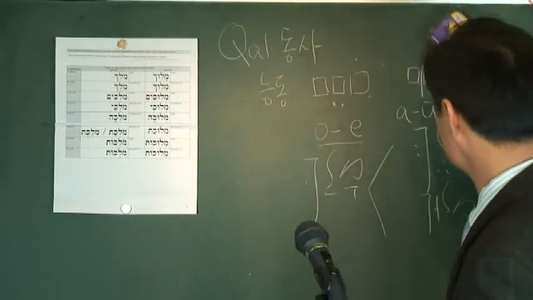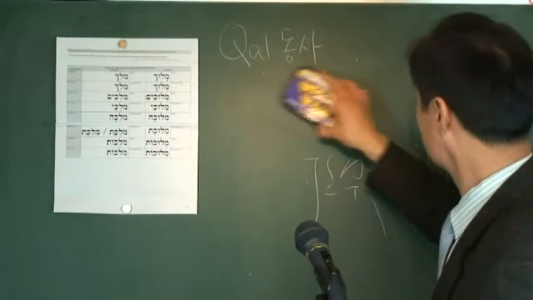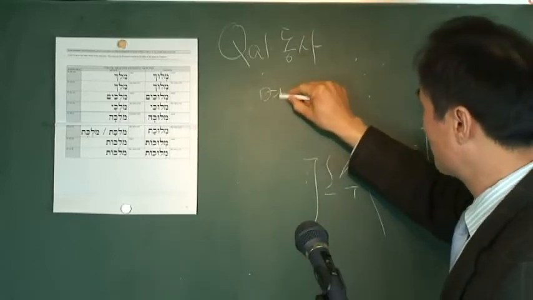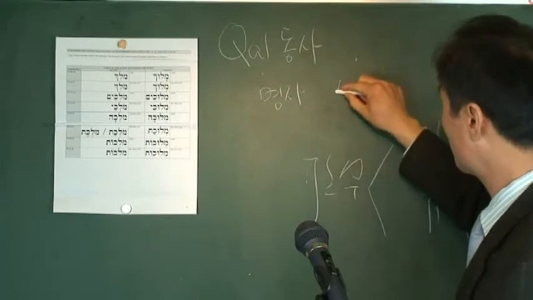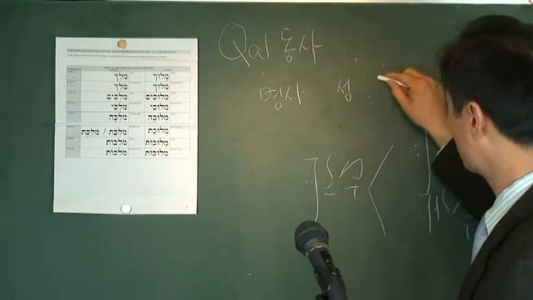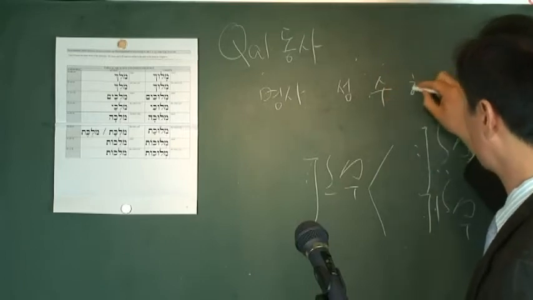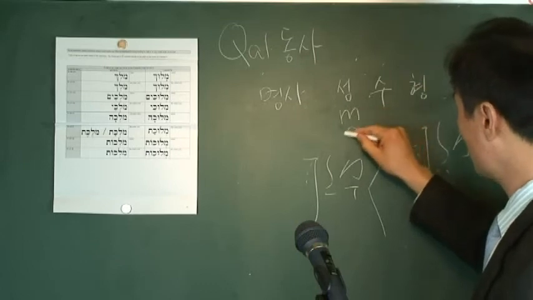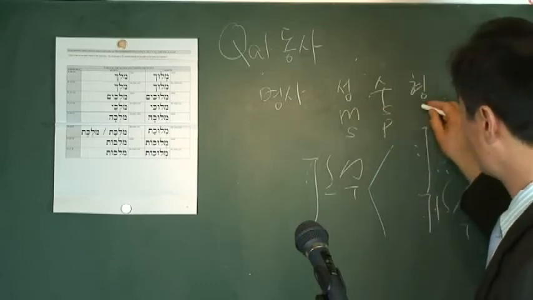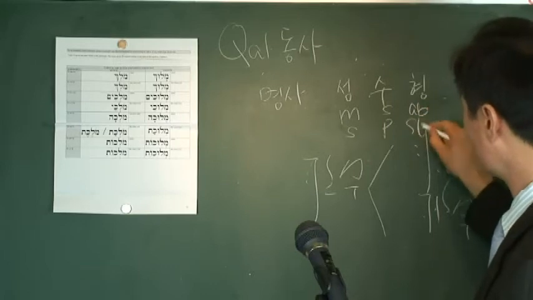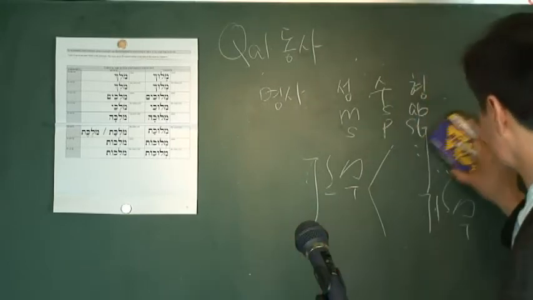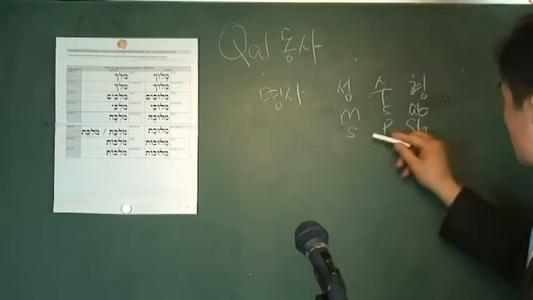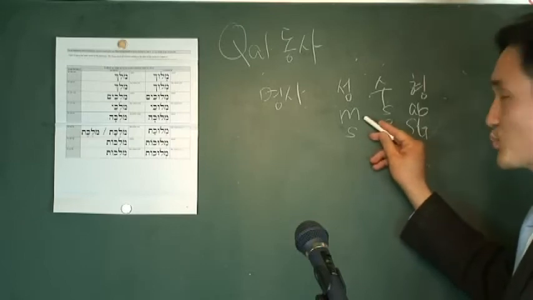Like nouns, they have a gender, a number, and a state. Hence, they would be masculine or feminine, singular or plural, and have an absolute state or a construct state.